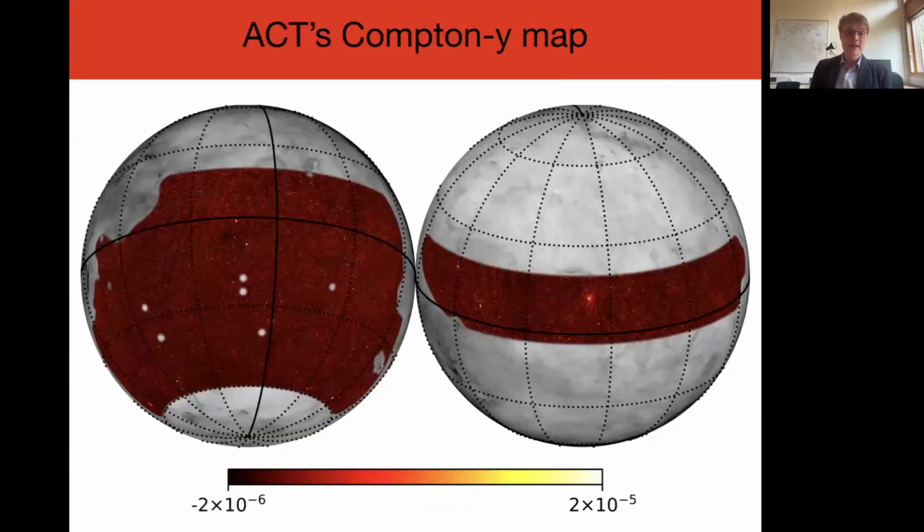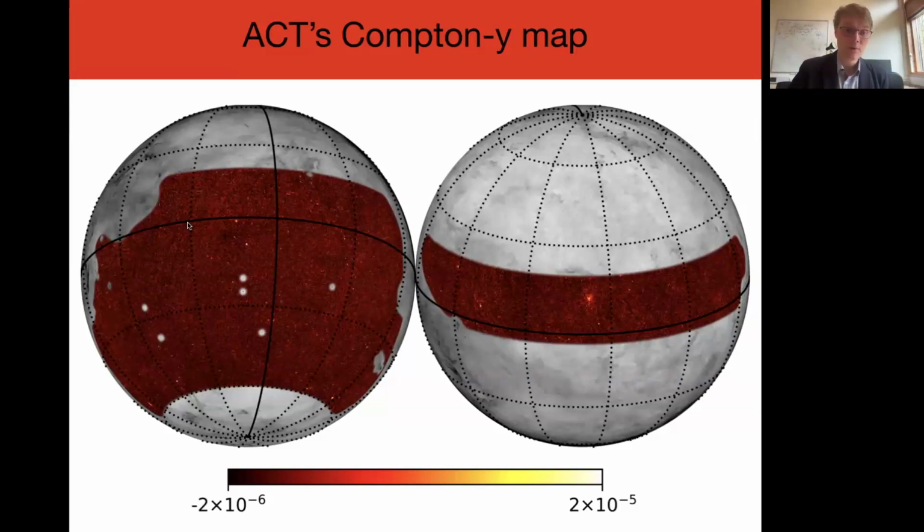So what I'm showing here is the result of applying our ILC method to data from ACT plus Planck, and has isolated the Compton Y map over scales from the larger scales down to arc-minute scales. As I said, the Compton Y effect is sourced by regions with high pressure, and this is dominated by gas in the intracluster medium, which is incredibly hot and dense.